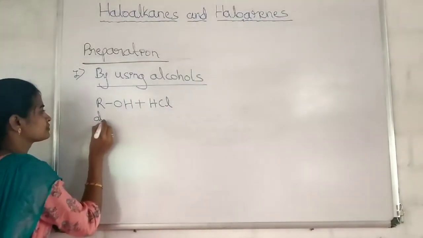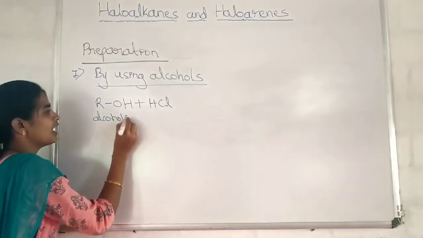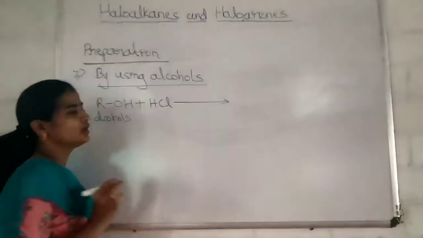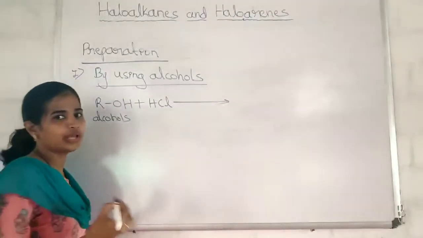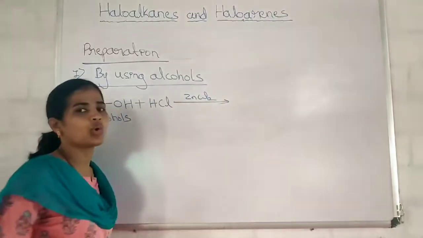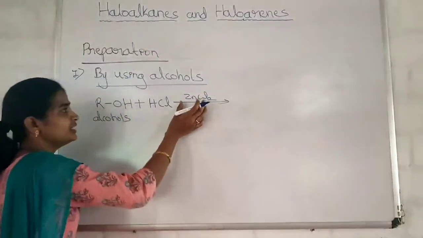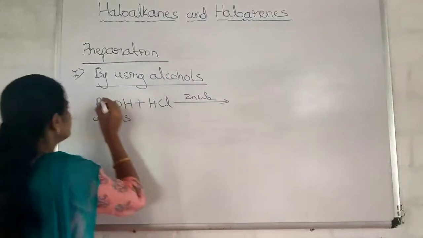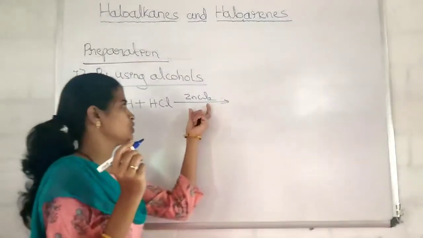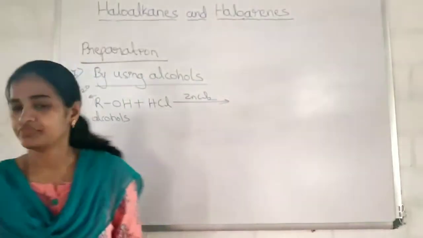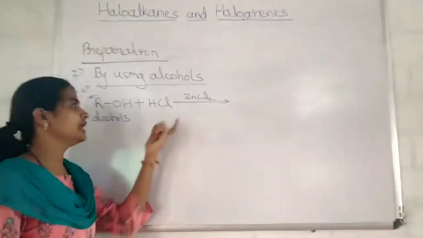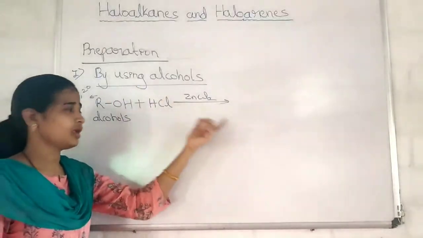When alcohol is heated with hydrogen chloride or hydrochloric acid, I am using zinc chloride as a catalyst. When there is a need of catalyst: if the alcohol is either primary or secondary, we need to use zinc chloride as a catalyst. If I am taking the tertiary alcohol, I need not go for the catalyst.